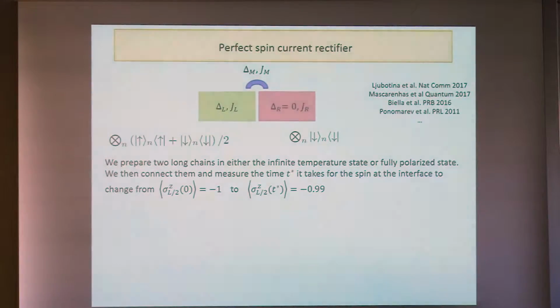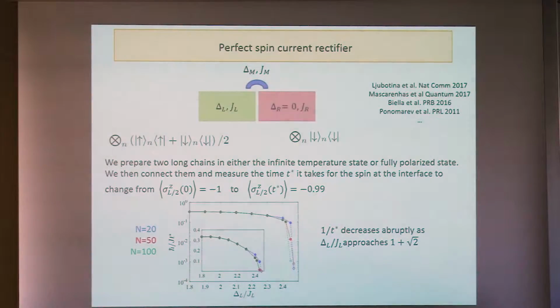And we look at how one over that time behaves. It's here, and we see that this time scale explodes as delta increases beyond the critical value 1 plus square root of 2. So as the system becomes large and the interaction goes beyond 1 plus square root of 2, the time scale at which the spin flips explodes.